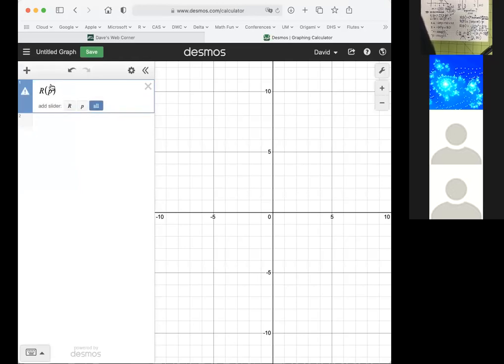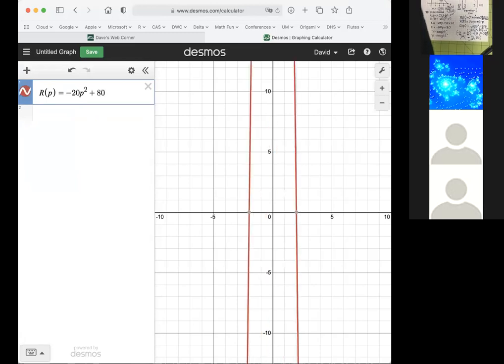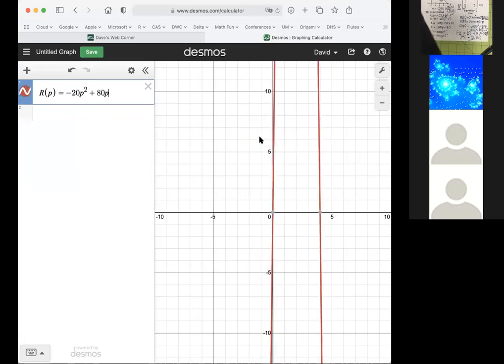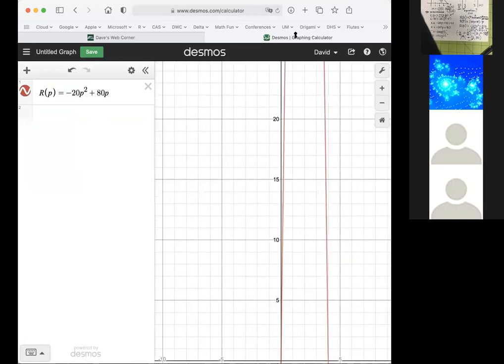Sometimes Desmos is picky about letters, but it allows you to type in formulas directly. So let me see if it allows me to say P. It does. It does allow me to graph P. Now, if I go way, way up here, it's an upside down parabola.